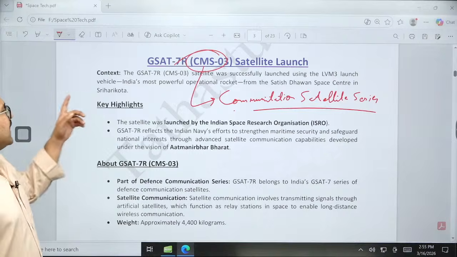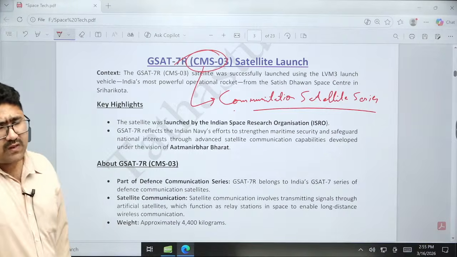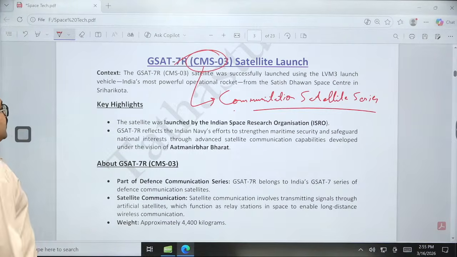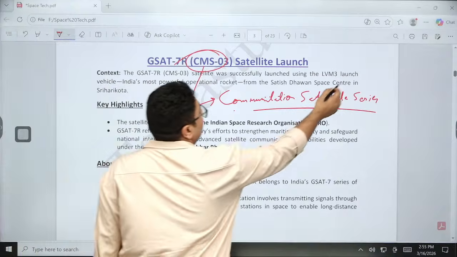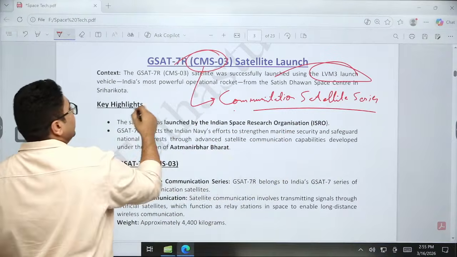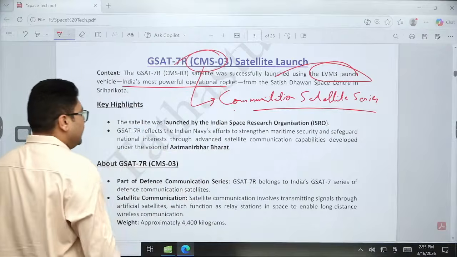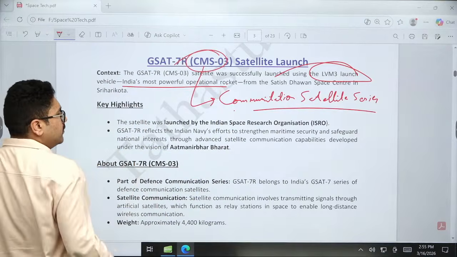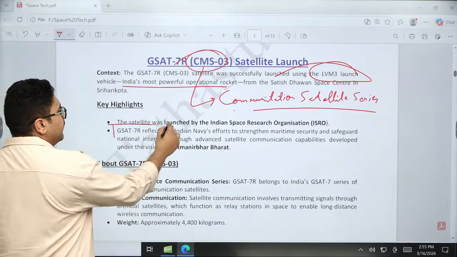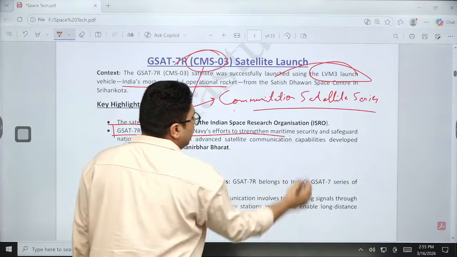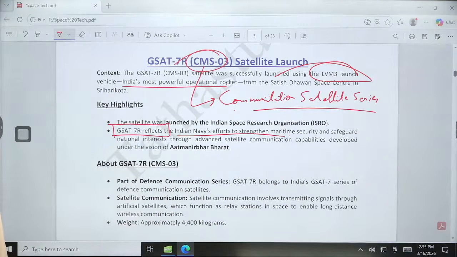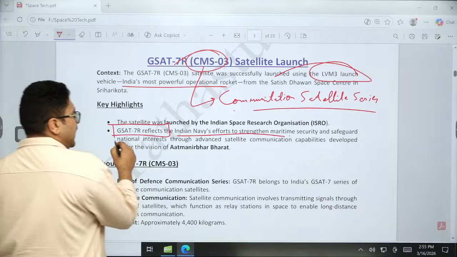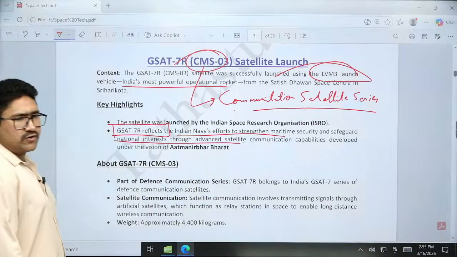Yes, GSAT-7R series. So the GSAT-7R is again launched by LVM-3. It is India's most operational rocket. If I talk about the mission, GSAT-7R reflects Indian Navy's effort for maritime security and safeguarding national interest through advanced satellite communication.